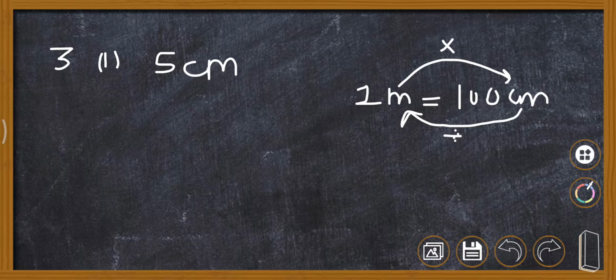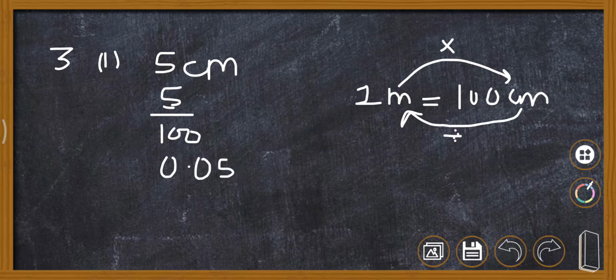So here we are converting centimeter to meter, so we will divide 5 by 100. Now here you know that two zeros means two decimal points should be there, so the answer is 0.05. It is in meter.